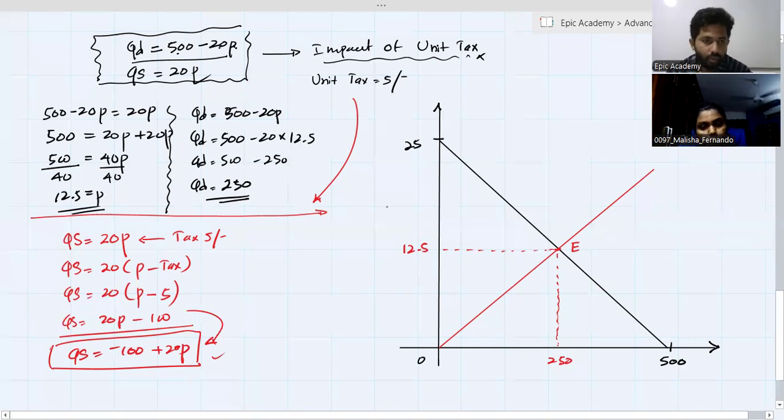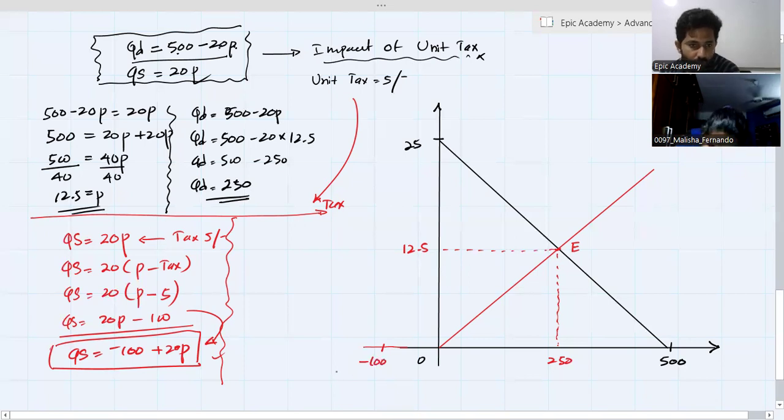Okay. Now we already identified the impact for the supply equation, but after tax we have to calculate the equilibrium price and quantity. So now we got the idea related to the shift of the supply curve. What will happen? The A value is minus 100. So it must start from minus 100, isn't it? The crossing point must also be here.